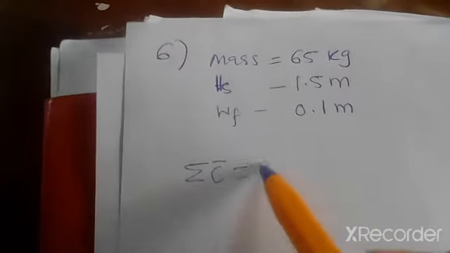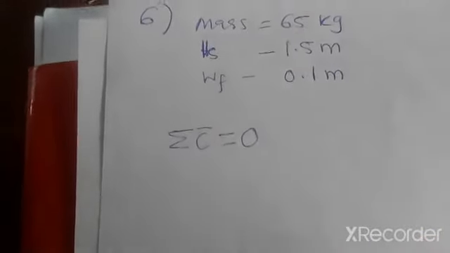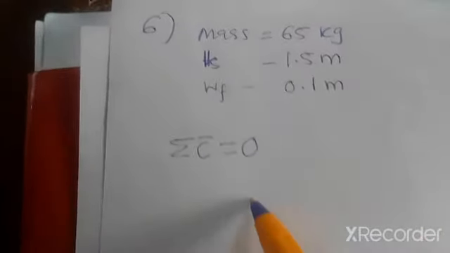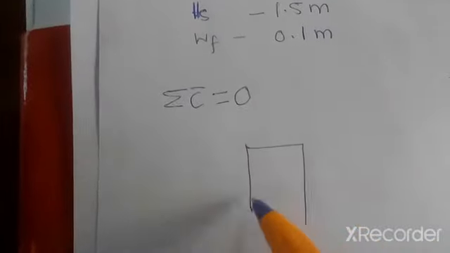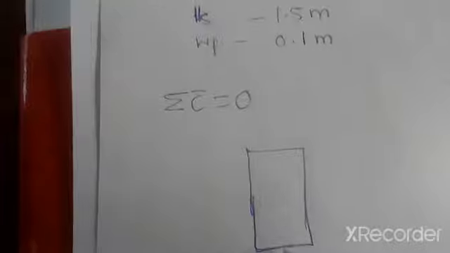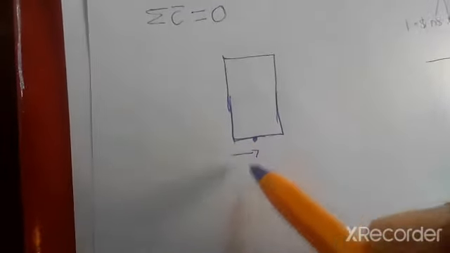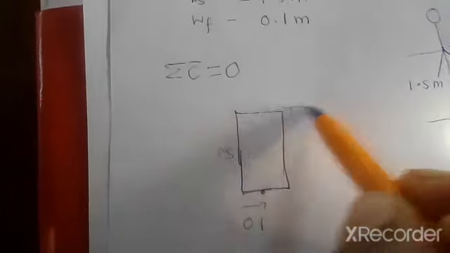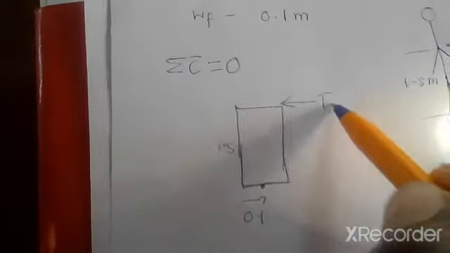We know that for stable objects, the summation of torques is 0. Okay, so if that is the case, then let me try to draw a person as an object. There. So meaning the distance from here to here is 0.1, then we have got 1.5, and then there's a force which is Fa.